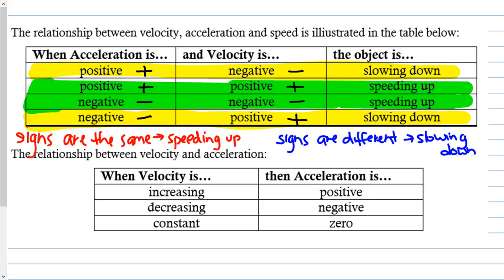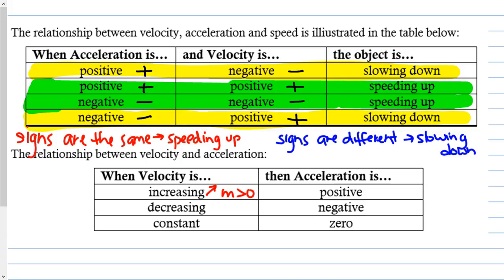Okay, so now the relationship between velocity and acceleration. If velocity is increasing, so if we're looking at a graph and our slope is positive, so our line is rising like that, our slope is greater than 0, because numbers greater than 0 are positive, then the acceleration is going to be positive.